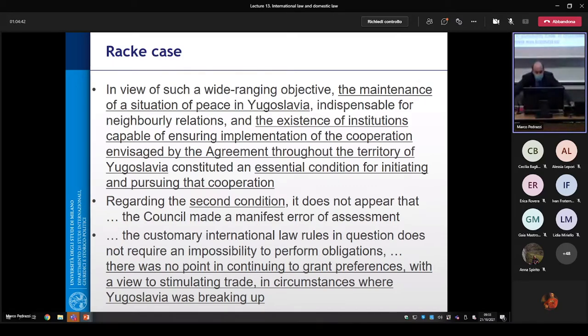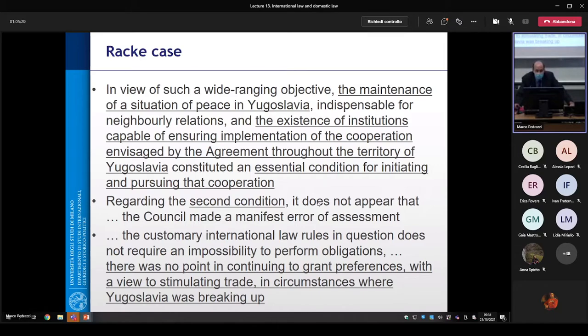And so in my view, probably the court should have interpreted the suspension decided by the European Community as a sanction against Yugoslavia, so something different from a measure fitting into the law of treaties, but rather fitting into the law of international responsibility, which is something different.